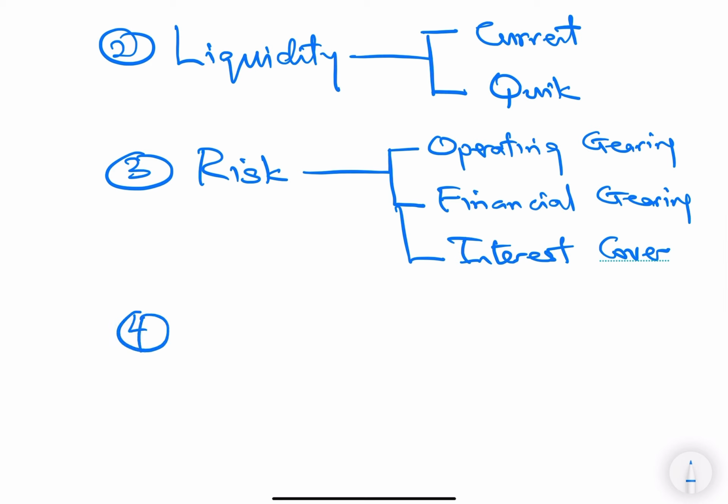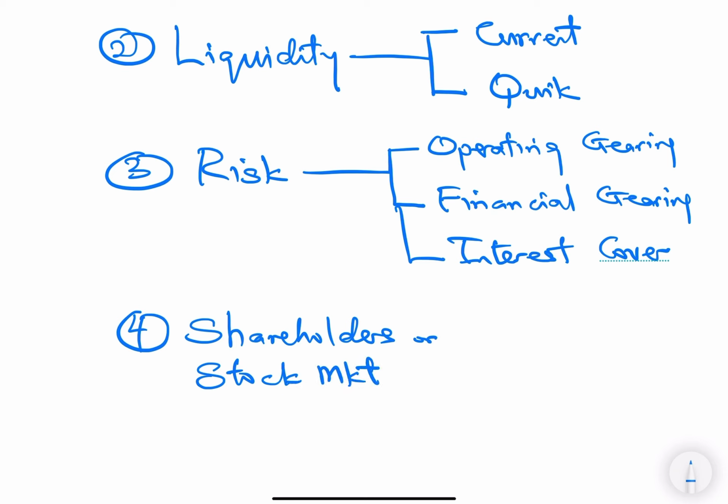The last one is what I call the shareholders ratios, or some people call it stock market ratios, same thing. And here we'll be looking at about 5 ratios.